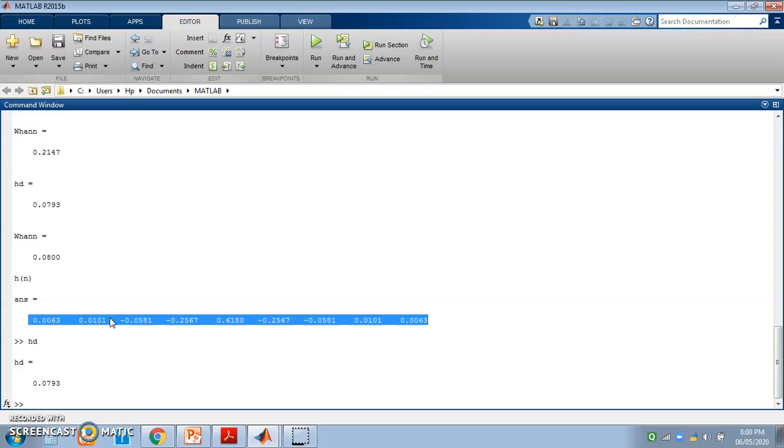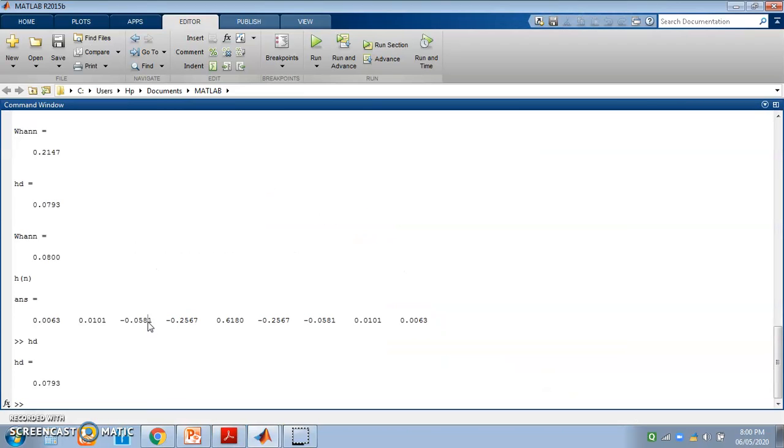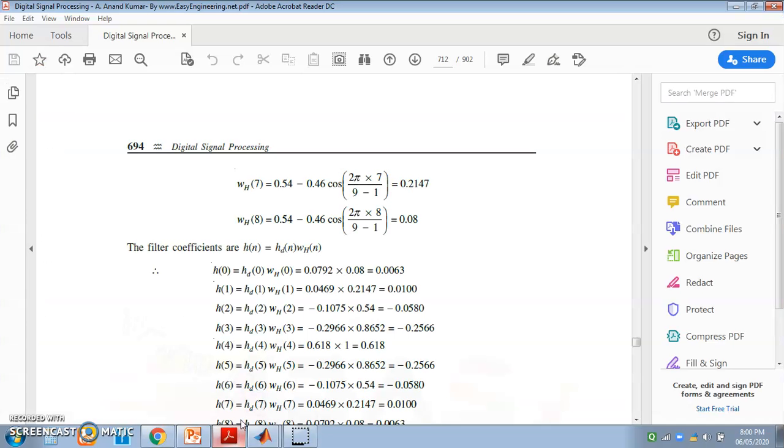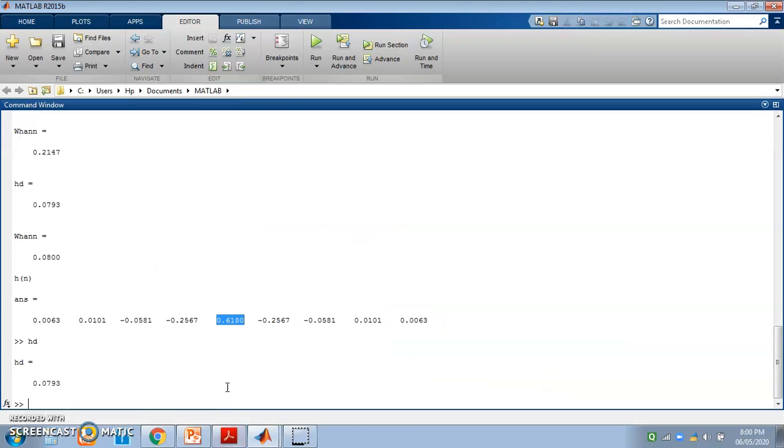It is somehow with more precision, you may say up to 4 decimal points. The next value is 0.0580, and in MATLAB also we have that value as 0.0581. In this way the centered value is 0.6180, that is h of 4. So h of 4 is equal to 0.618, and in MATLAB also we have it as 0.6180.